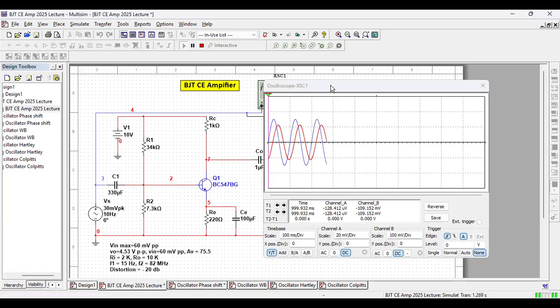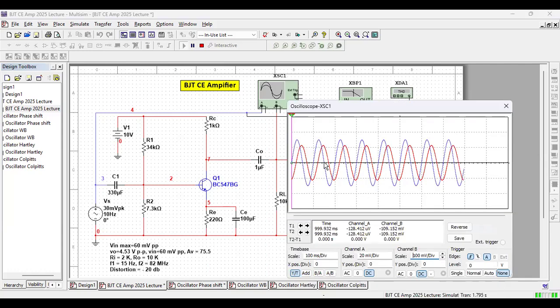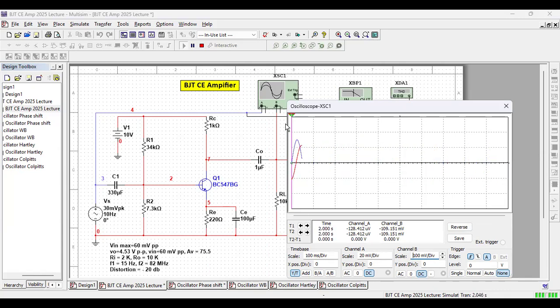In fact, the red line of the oscilloscope is the output, blue line is the input. That means output is ahead of the input, but not by 180 degrees.